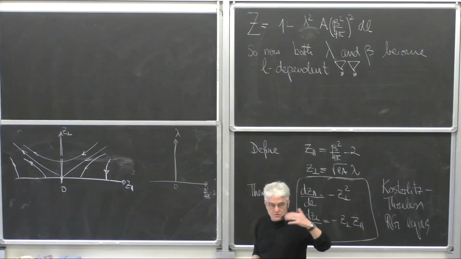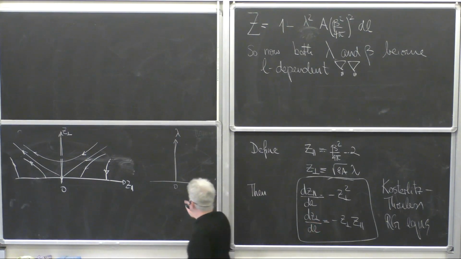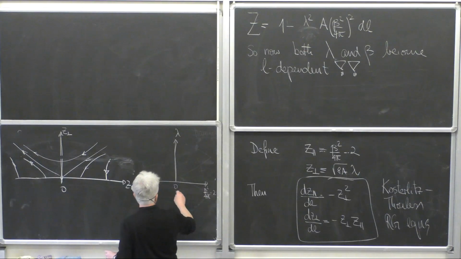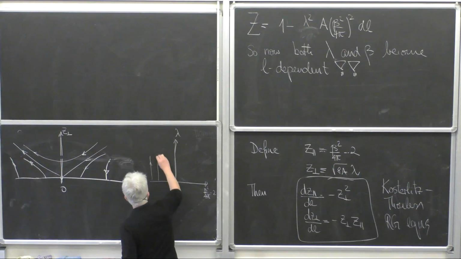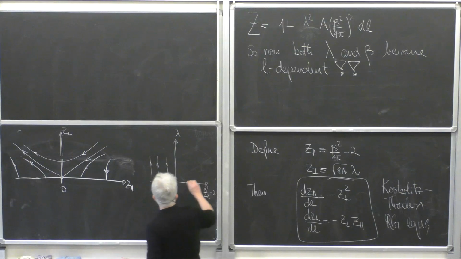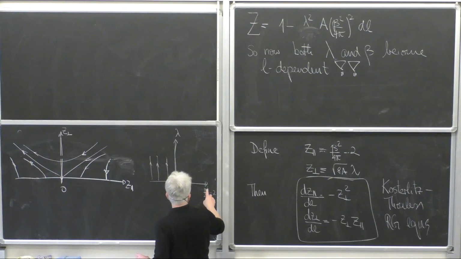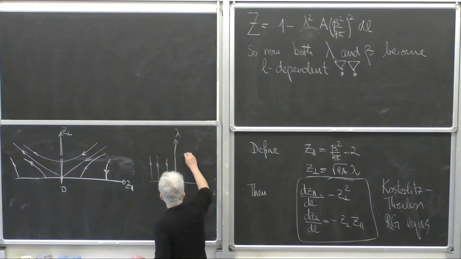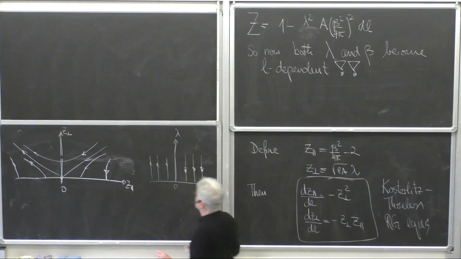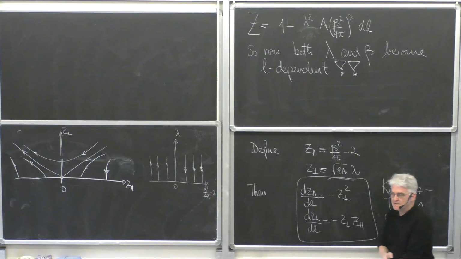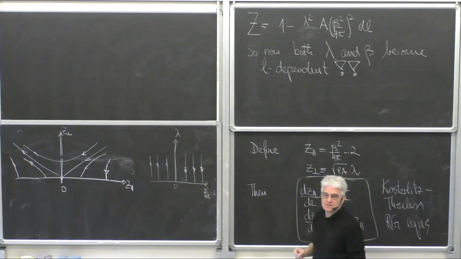And the first order flow was just: if beta squared was less than 8 pi, I was going to strong coupling. So I had something like this. And if beta squared over 4 pi was larger than 2, the perturbation was irrelevant. So we had an RG flow like so. Okay, that was first order, and now we have second order.